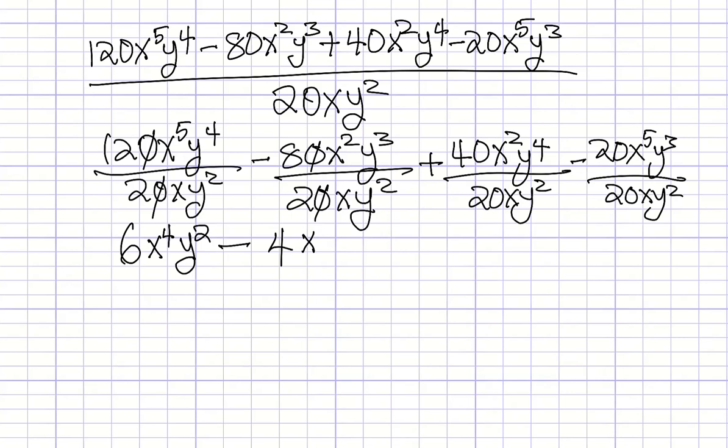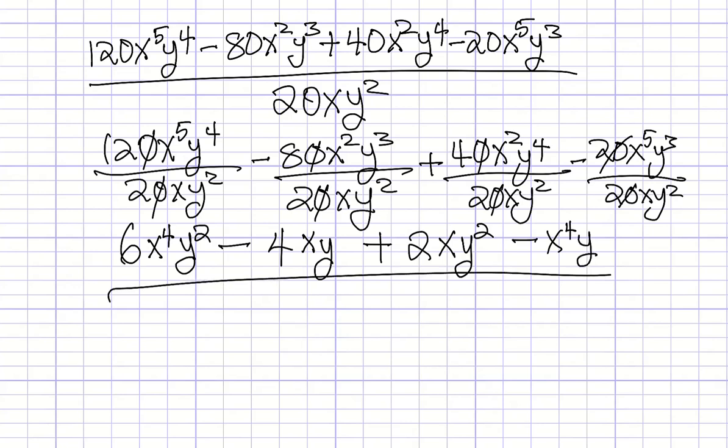The same thing with the y, so you get y like that. Plus 2x, x raised to the power 1, and then y raised to the power 2. Oh, no, sorry, you can't have 20 there. I forgot the 2 here on the bottom. This cancels that. So you've got x raised to the power 4, y raised to the power 1. That's it. We're done.